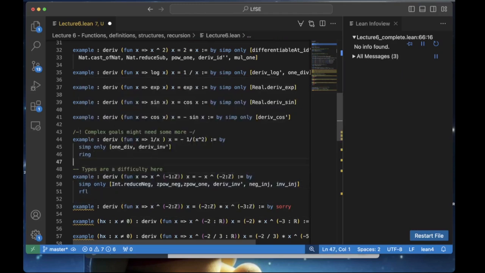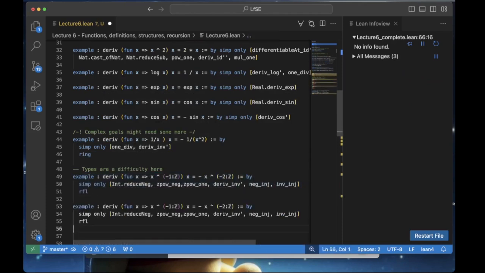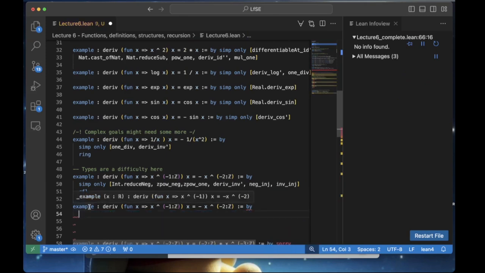So here's one solution to this. Oops, copy. Here is another solution to this.